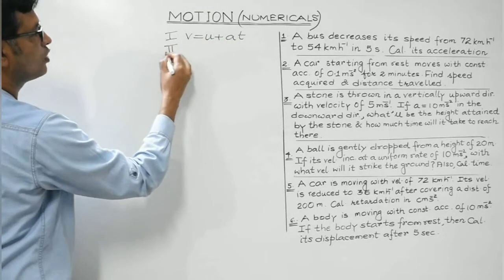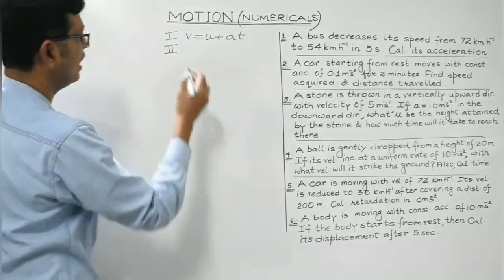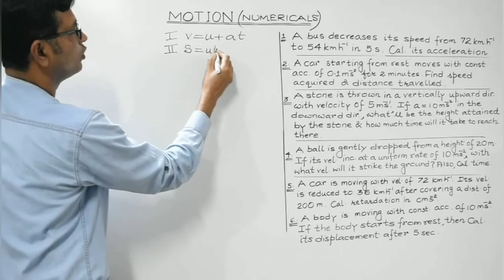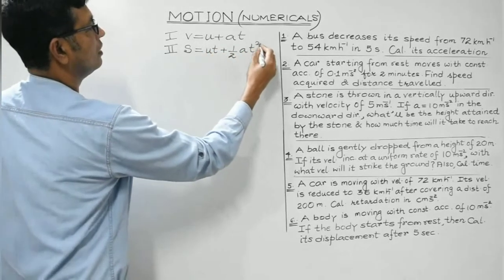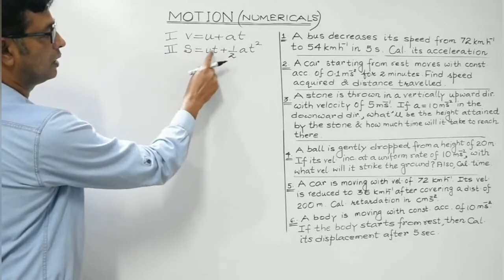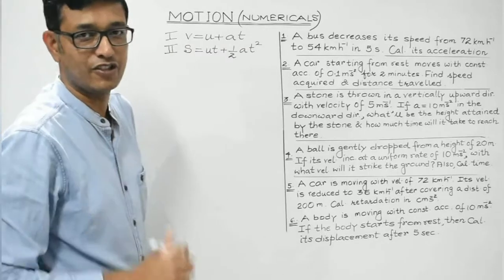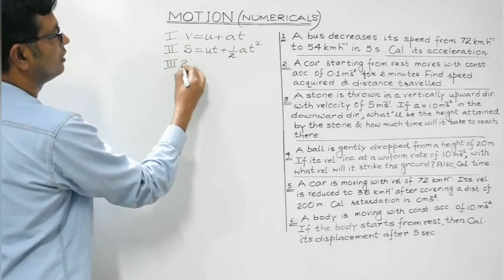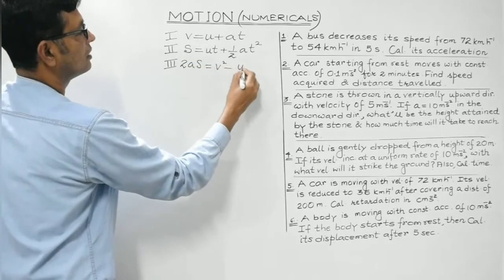What's the second equation of motion? It is also known as the displacement-time relationship, and the relationship is S, the displacement, is equal to ut plus half AT square. S and T are the variables, U and A being constant. Third equation of motion: 2AS is equal to V square minus U square.